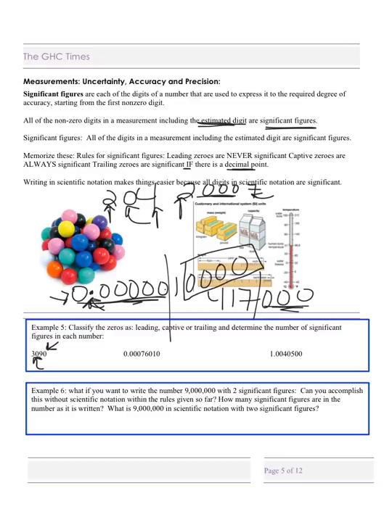Now, how many significant figures are in this number? The 3 is significant, the captive 0 is significant, and the 9 is significant. The trailing zero depends on whether or not there's a decimal point. Since this number has no decimal point, that 0 does not count. And we say that this particular measurement has 3 significant figures in it.